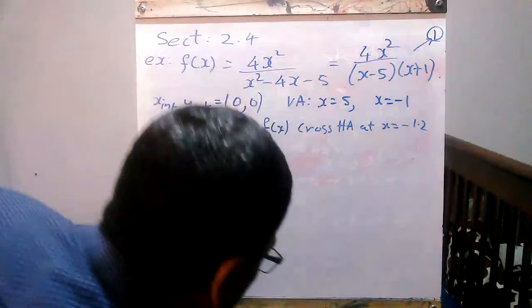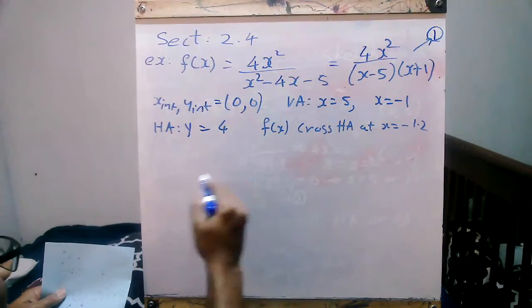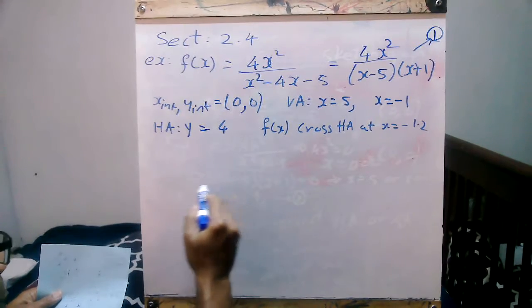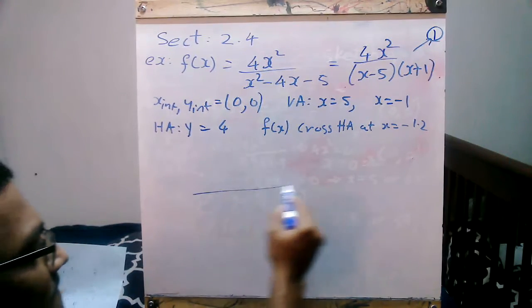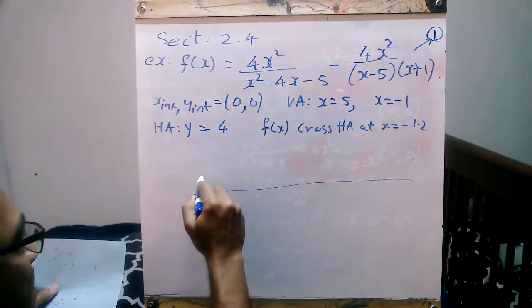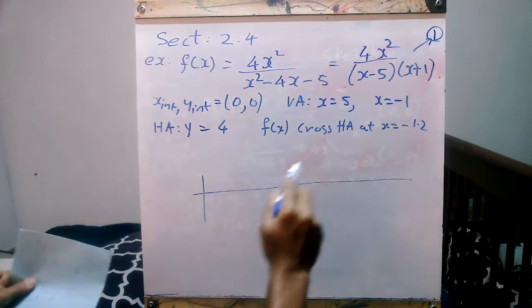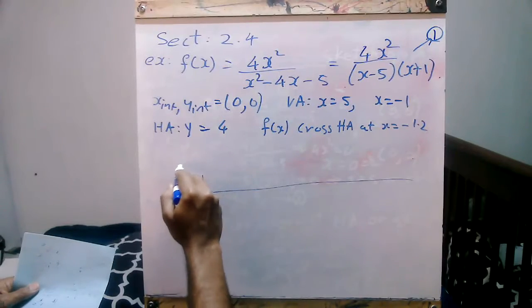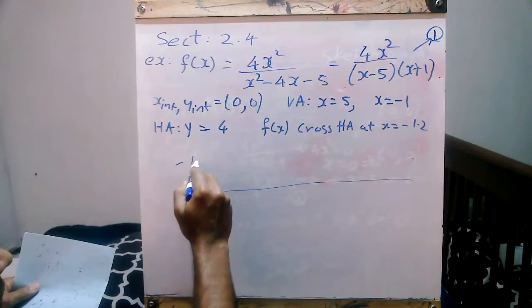I already made the table, so I'm going to put it on the board. We have a horizontal asymptote at negative 1.2.